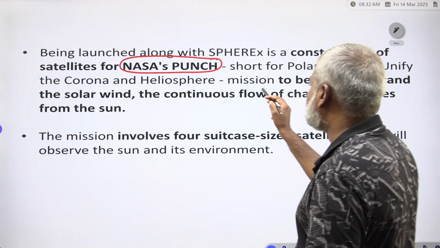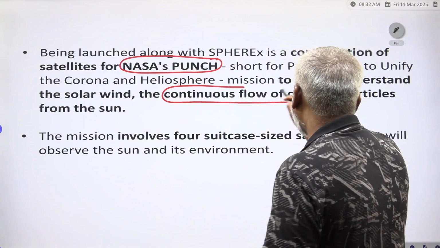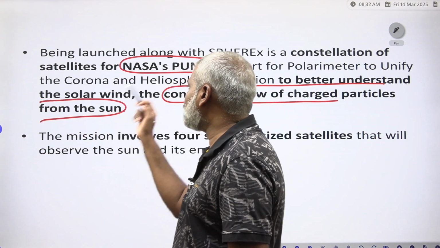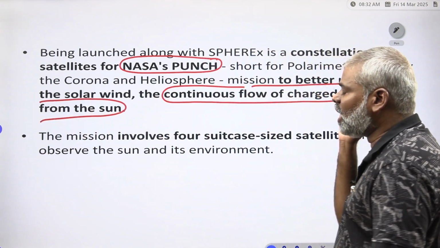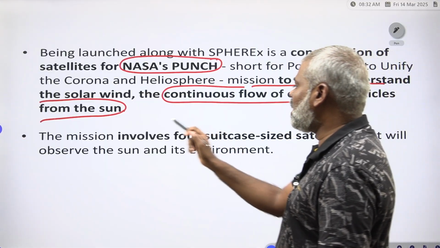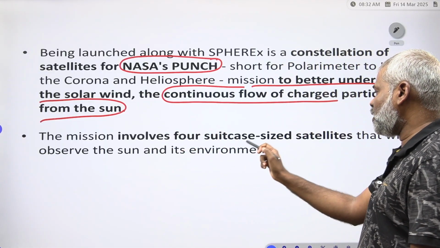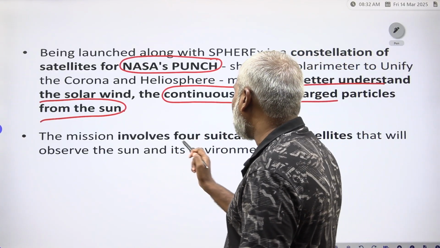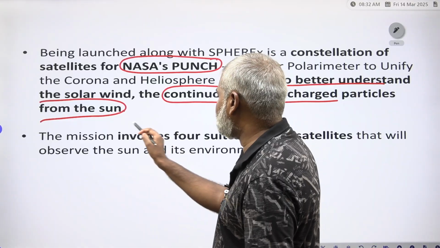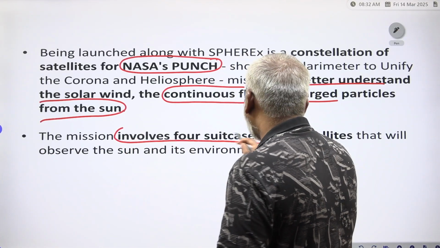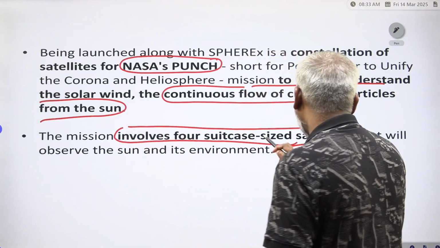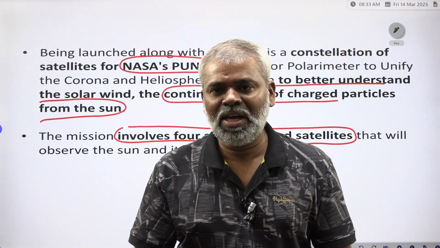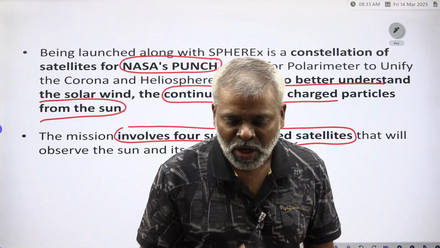How this happens, we have to explain using NASA's PUNCH mission. The mission involves 4 suitcase-sized satellites that will observe the sun and its environment. We already discussed the PUNCH mission in previous videos, which you can watch.